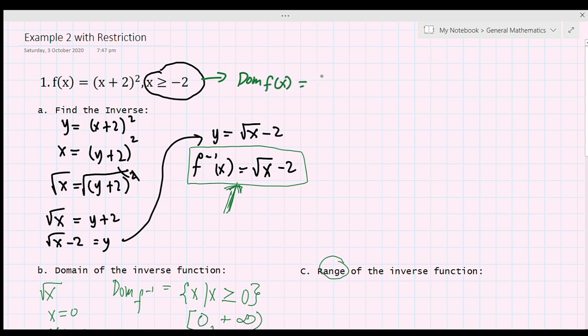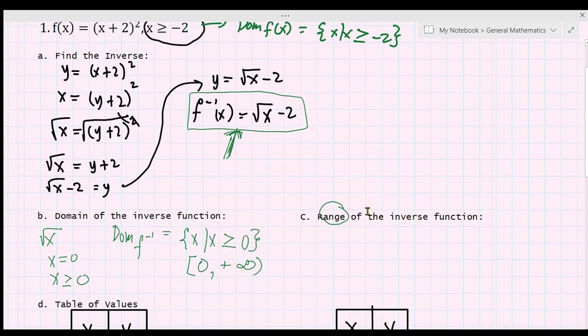So that is x such that x must be greater than or equal to negative 2, and that will be the domain of f of x. And also, in finding the range of the inverse function, yung domain natin dito sa original function will be our range of the inverse of a function. And we're just going to replace y into x. Ano po?